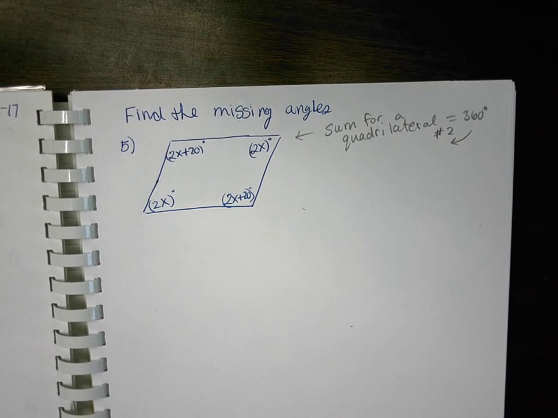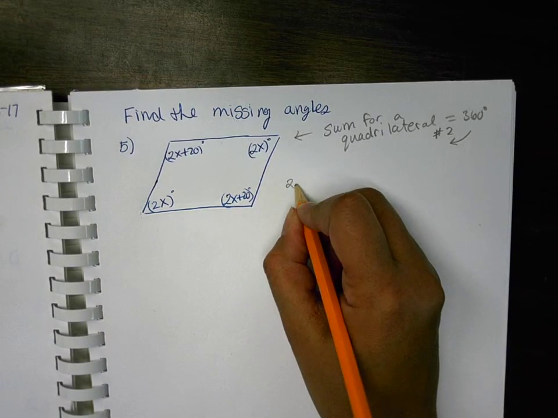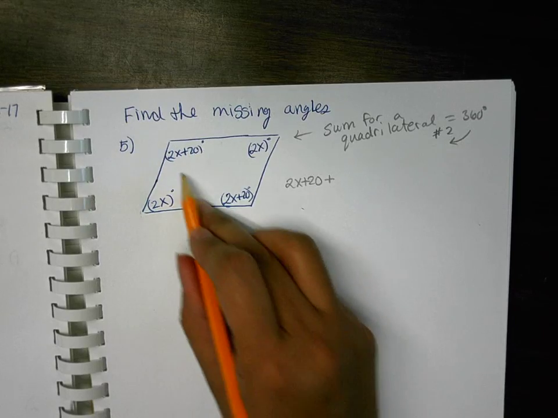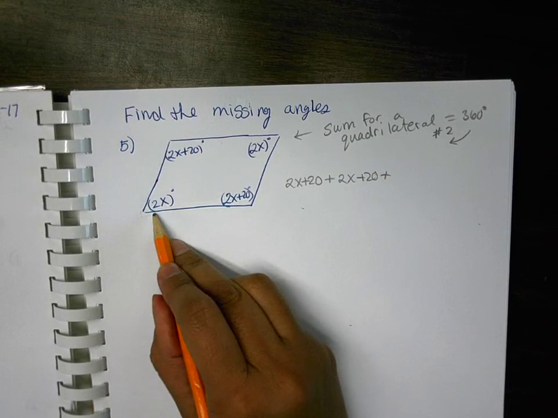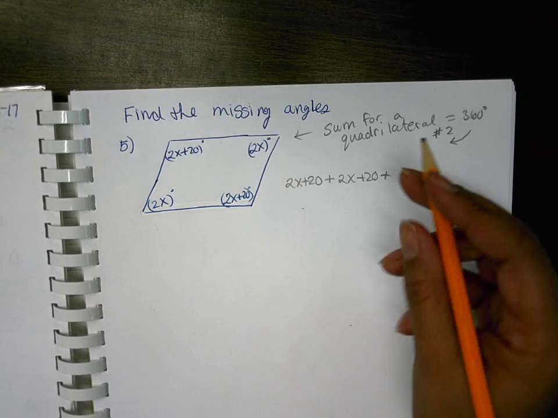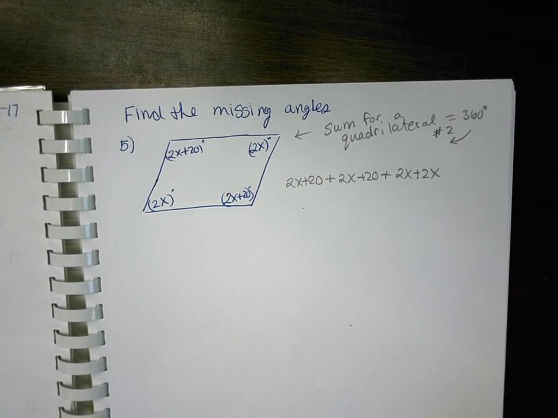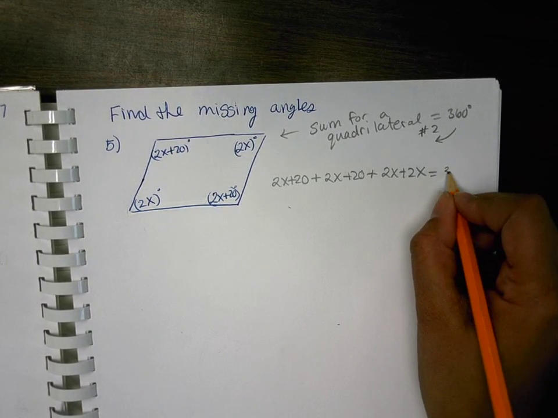Alrighty. So when I add them all up, I'm going to do 2x plus 20 plus 2x plus 2x plus 20, and it equals 360, not 180, because that's a triangle.